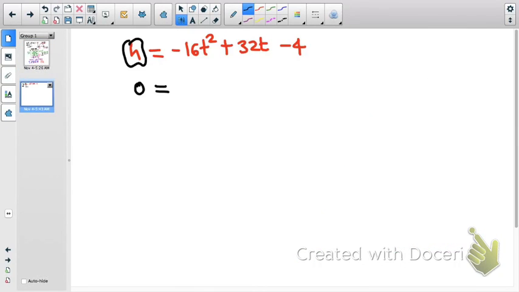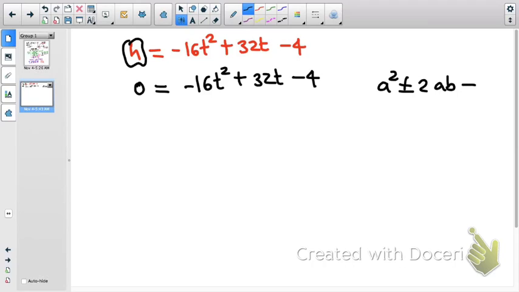Okay. So now, let's complete the square. It's really the same thing. We know that the form of the square should be like this. And here we have a minus in front of the square. So what we want to do is flip the equation.